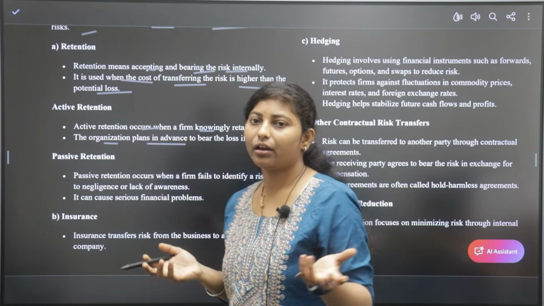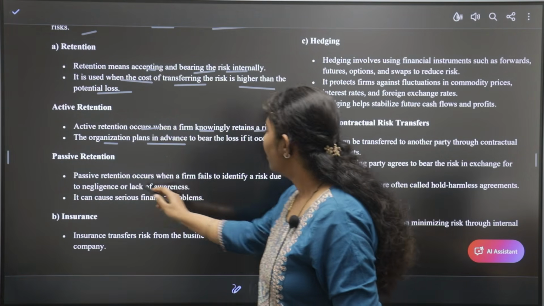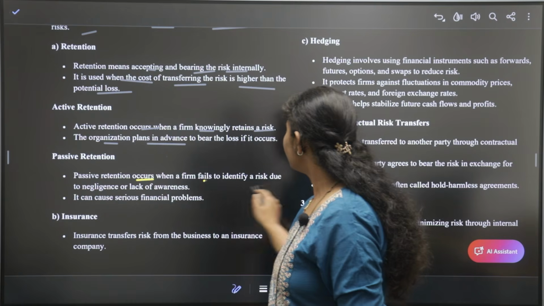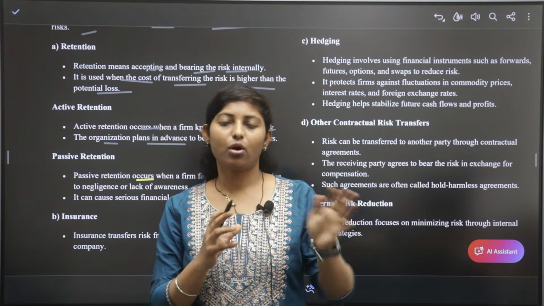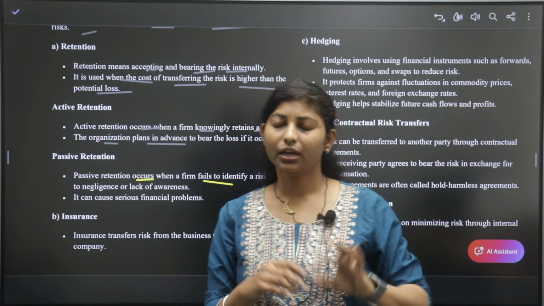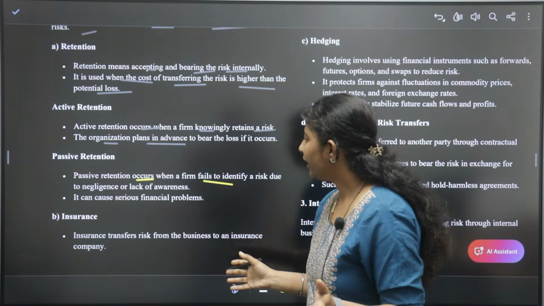Here we are not giving any attention. Passive retention occurs when firms fail to identify the risk that may arise in the future.